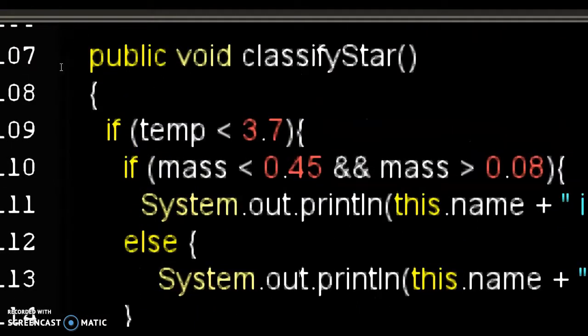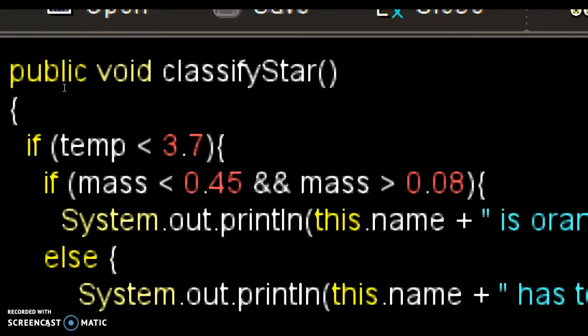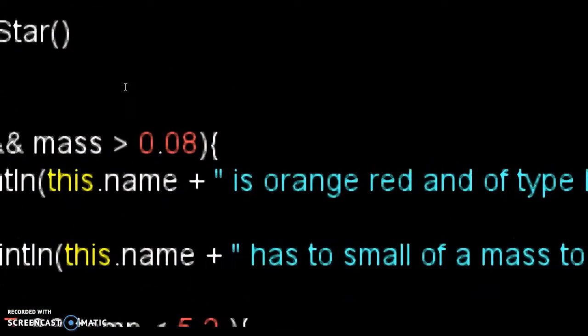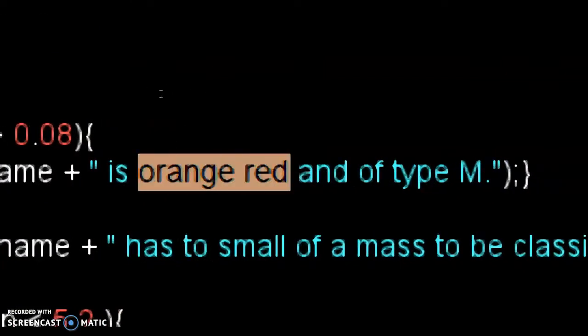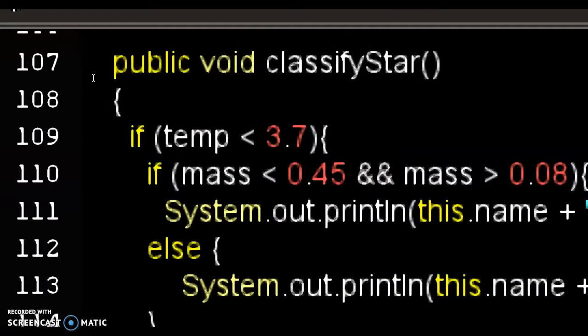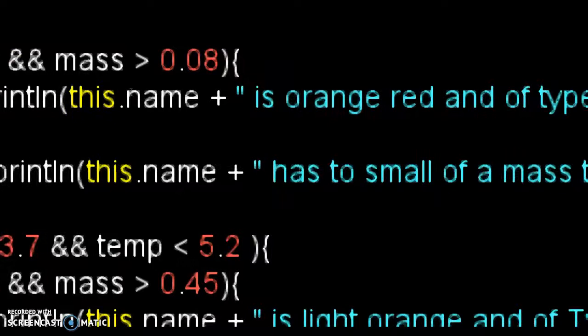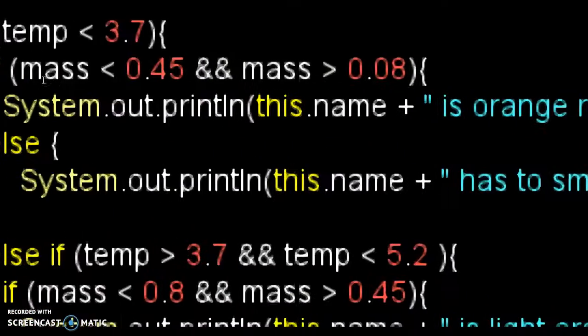First, we're going to look at the temperature, and if it has the specific temperature here, then the mass will be looked at. If the mass is in the correct range, it is going to print out the star name is, in this case, orange-red, and of type M. However, if the mass is not in the correct range, it is going to print out that the star has too small of a mass to be classified.